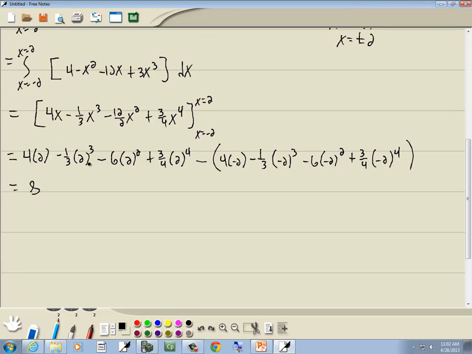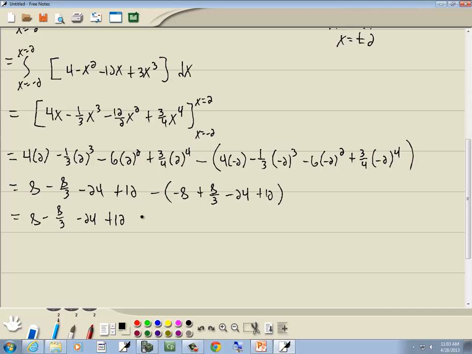Which gives us 8. 2 to the third is 8 times 1/3 is 8/3, so minus 8/3. 2 squared is 4 times -6 is -24. 2 to the fourth is 16 divided by 4 is 4 times 3 is 12, minus 4 times -2 is -8. -2 to the third is -8 times the -1/3 gives you a positive 8/3. -2 squared is 4 times -6 is -24. -2 to the fourth is 16 divided by 4 is 4 times 3 is 12, which gives us 8 minus 8/3 minus 24 plus 12.